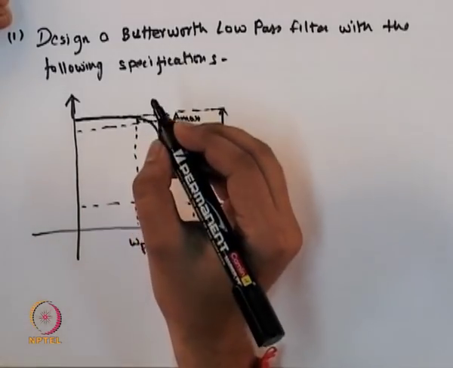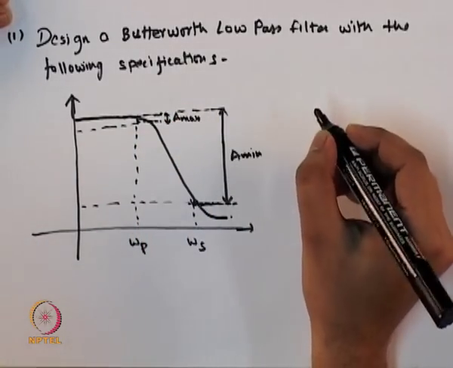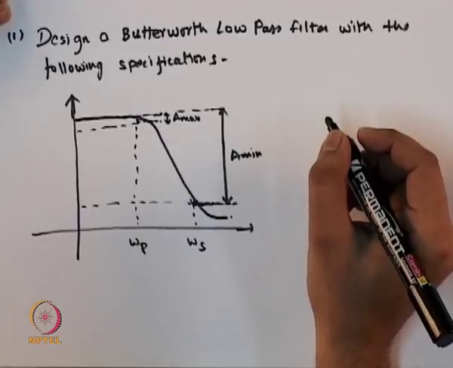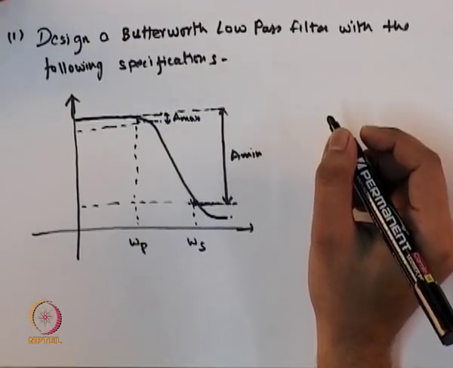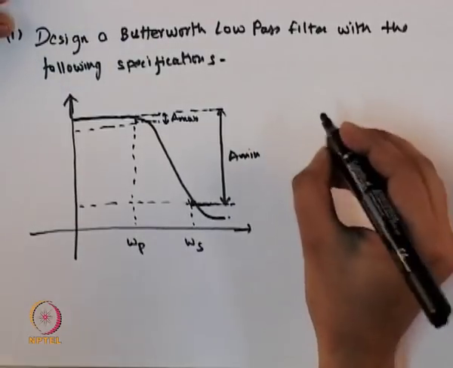So we have been given a specification in the form of omega s, omega p, attenuation at omega p, attenuation at omega s.